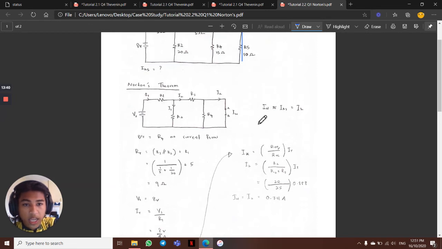So IN is equivalent to the current that flows at R3 and I2, because no current flows at R4, because we already removed R5, so there's no resistor, and then the current will flow to the terminal that has a minimum value of resistor.